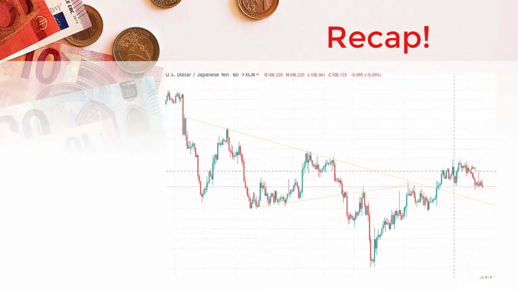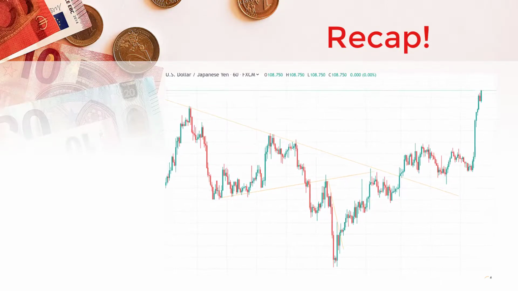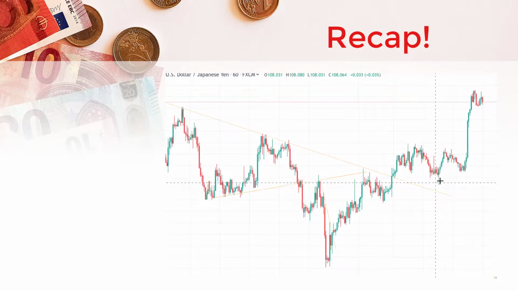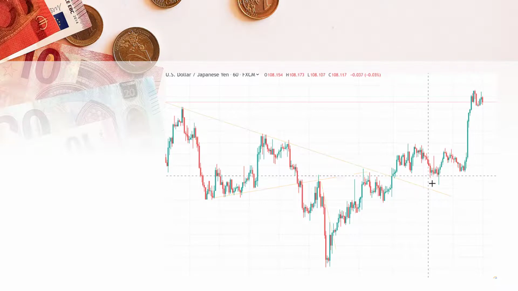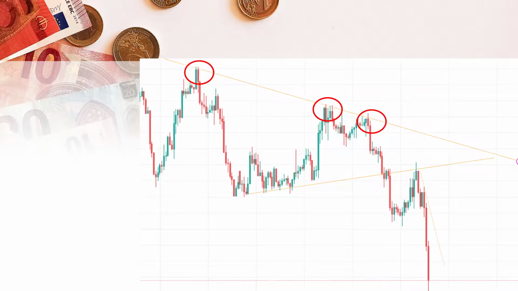That's what you saw whenever it broke that upper trend line, that strong one that came across about 3 or 4 points. When it broke that, it's a pretty good time to get in. You can get in when it comes back down and retests, but you're not always going to get that. Or you can go off trend line bounces, where the price comes up, hits the line, and goes back down.